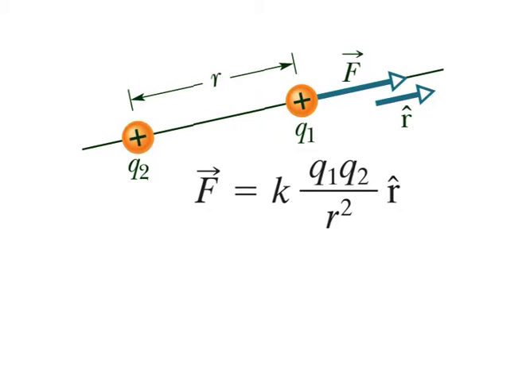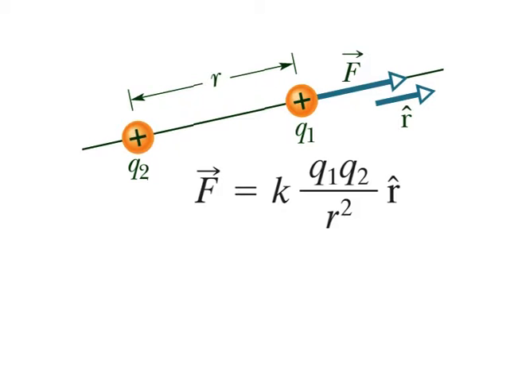Now, let's check the direction of the force on particle 1 as given by equation C1. If q1 and q2 have the same sign, then the product q1 q2 gives us a positive result. So equation C1 tells us that the force on particle 1 is in the direction of the unit vector r.